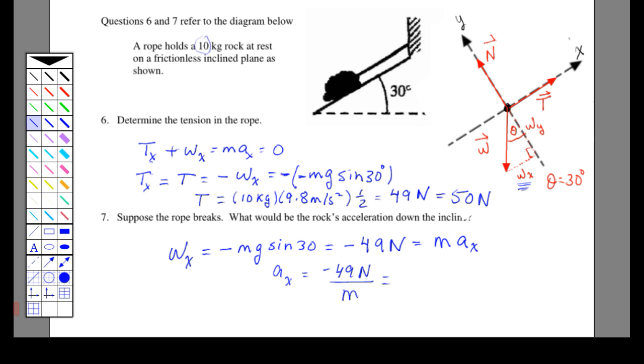So we get negative 4.9 meters per second squared. And again, this is to 1 sig fig, so this is minus 5 meters per second squared. And there's the acceleration down the incline.